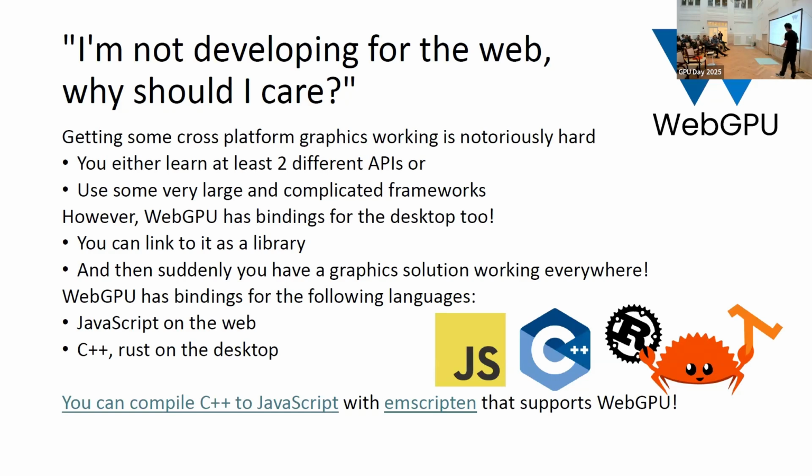And in the other direction, you can also just write a C++ project and directly compile it into a web application using the Emscripten toolchain. So there are various opportunities, and it's really easing the pain of developing something cross-platform.